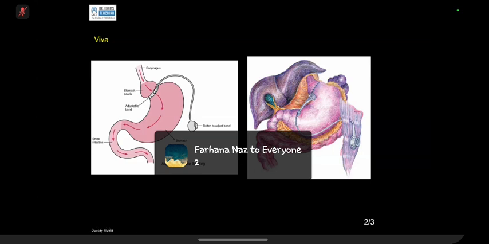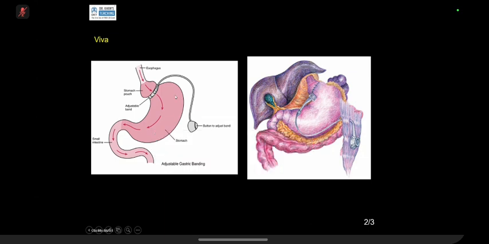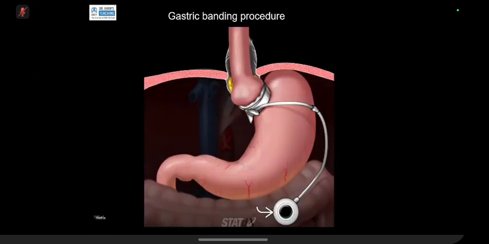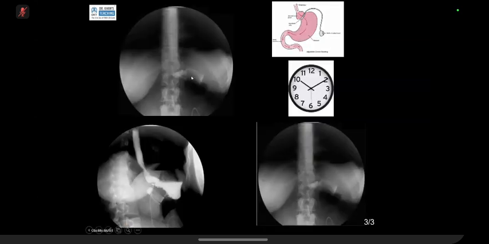Normal position. If it slips down, we call it a slip. This is where I teach this one to my students in gastric banding, because there can be so many things which can happen, for example perforations and so on. But this is again the normal gastric band: 1 o'clock to 7 o'clock, or maybe 2 o'clock to 8 o'clock, somewhere like that. What do you think is happening here?